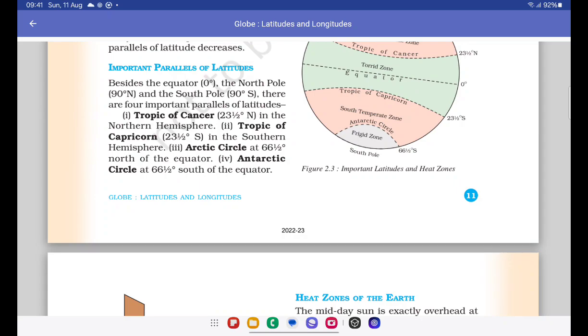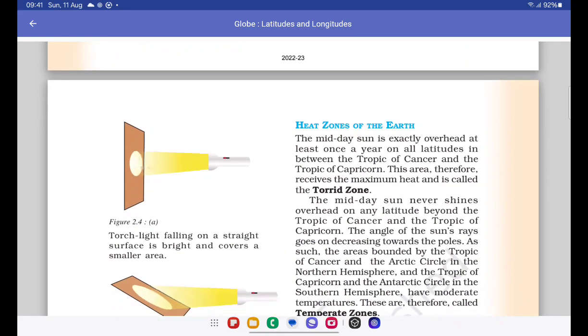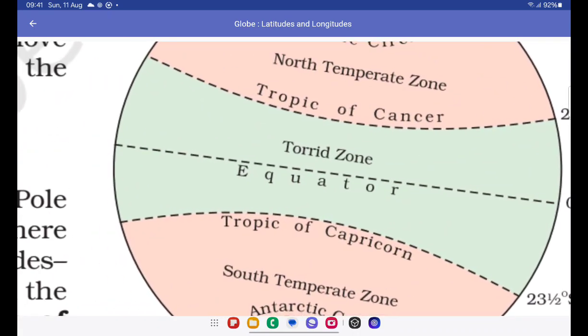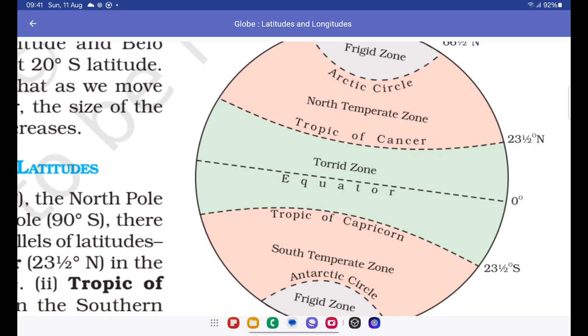Now let's talk about the heat zones of the Earth. So the torrid zone, what's a torrid zone? A torrid zone is an area surrounding the equator which receives maximum heat and direct sunlight, typically in between Tropic of Cancer and Tropic of Capricorn. As you can see here, this area is the torrid zone, near the equator, and in this picture it is completely between Tropic of Cancer and Tropic of Capricorn.